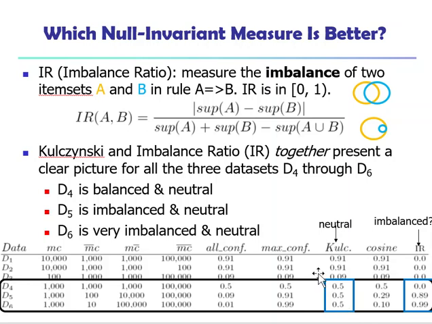However, in some other cases, I think we would find these very imbalanced scores, with all confidence and max confidence very different, being more interesting. So it depends on your mining goals. Now you know those differences.